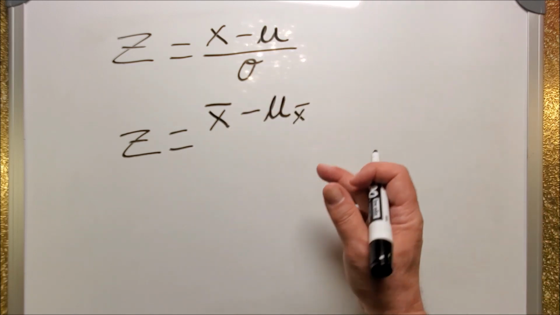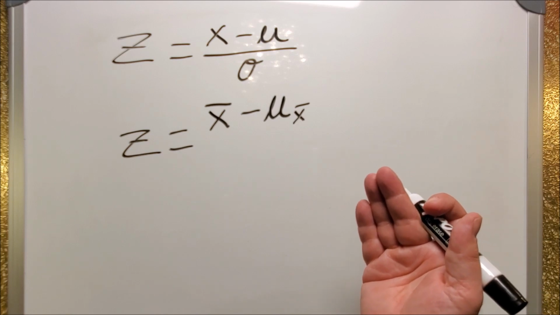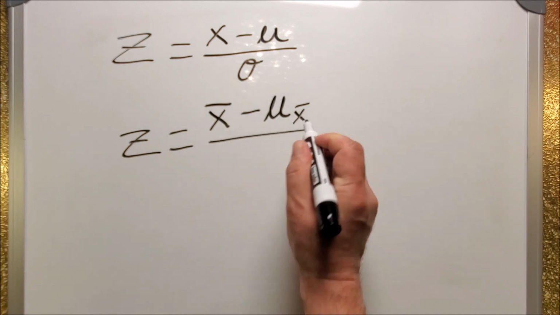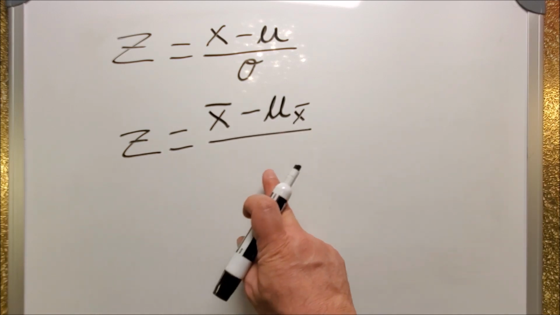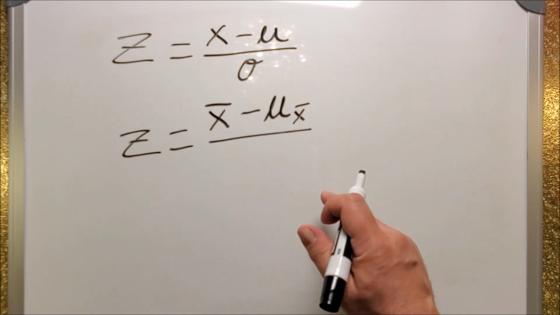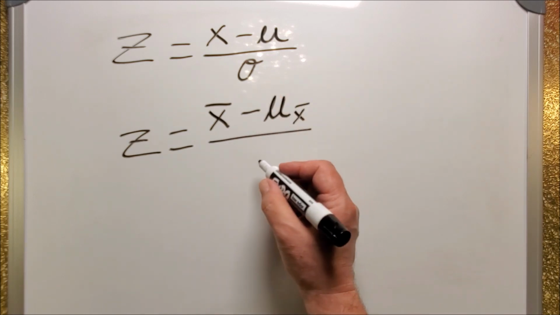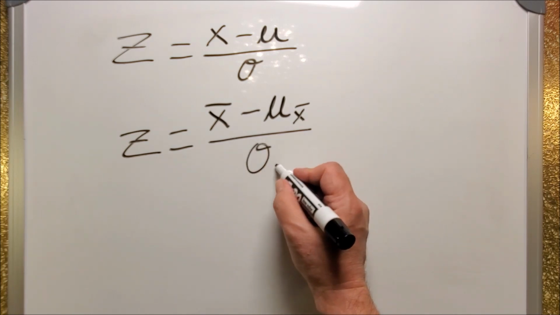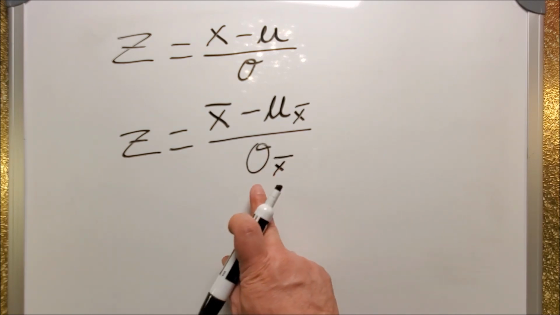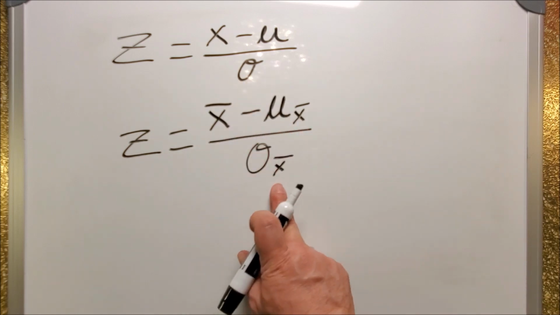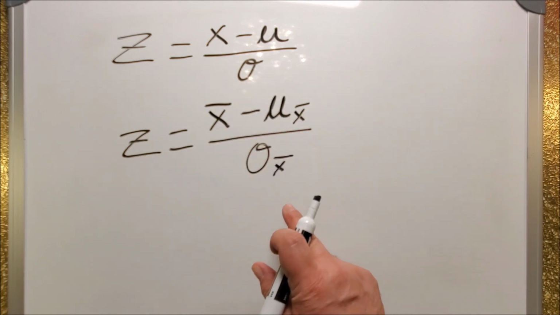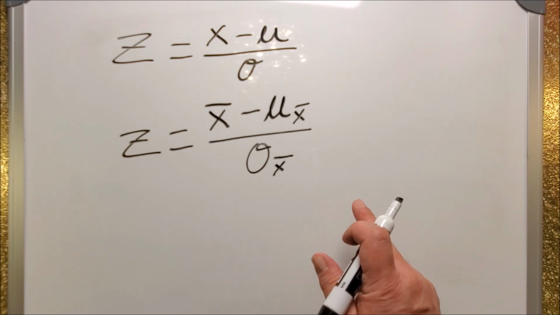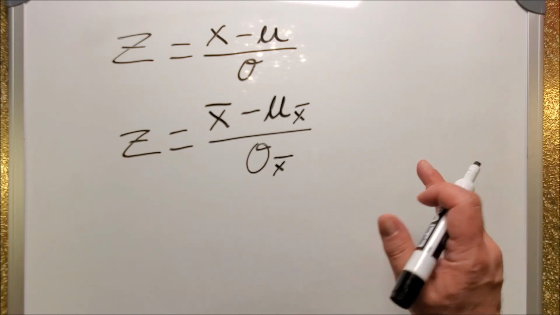This shouldn't bother you. They're always the same number anyway. But we're filling in the Z formula with symbols that are appropriate for this new object that we're working with right now. We're going to divide by the standard deviation, which is appropriate for the moment. That's going to be sigma sub x bar, not just sigma. That's the Z-score formula that we're going to be using when we do the sampling distribution of sample means.